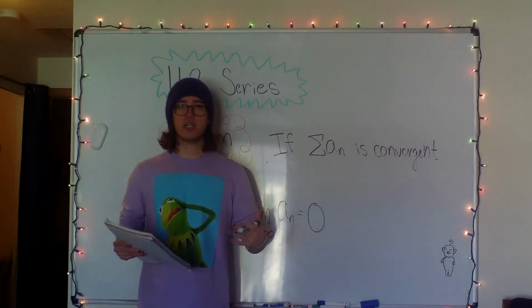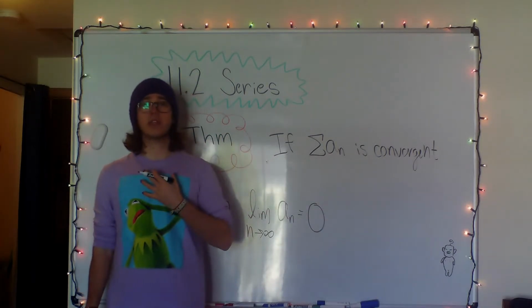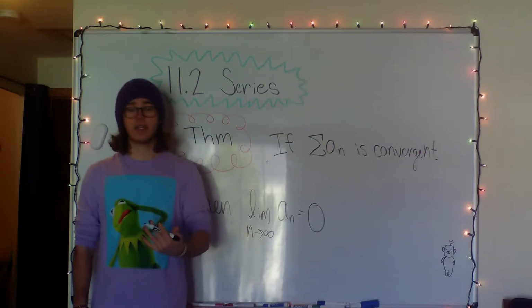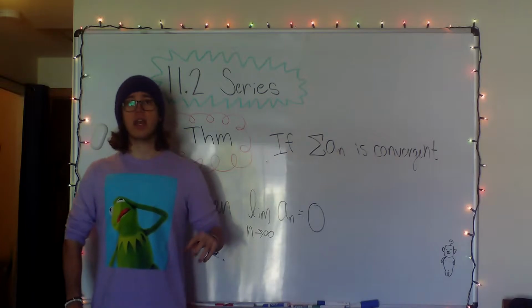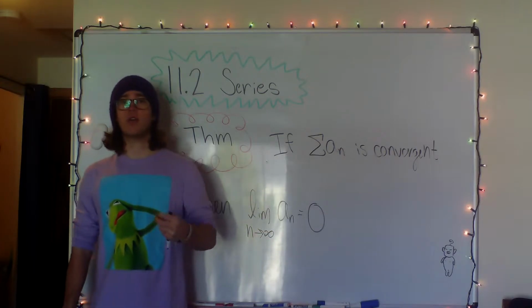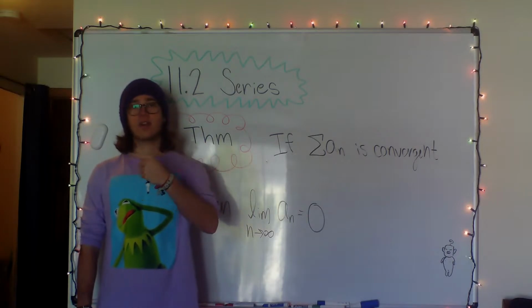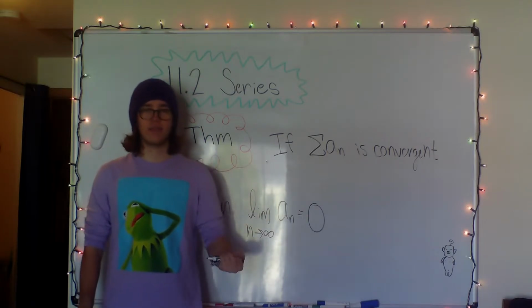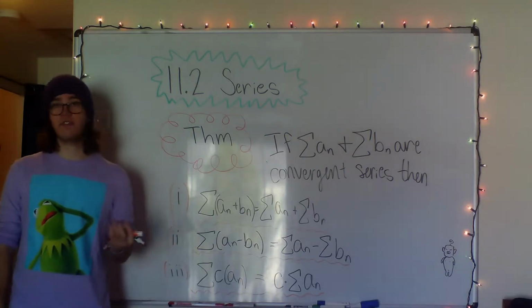And that's essentially true, and we can pull that straight from our theorem. So we know immediately if our limit does not equal 0, our series can never be convergent. If our limit equals 0, we actually have to do more work to see if our series is in fact convergent.